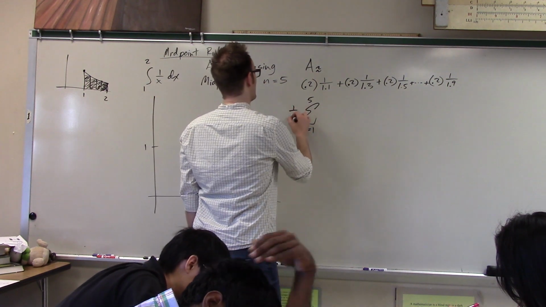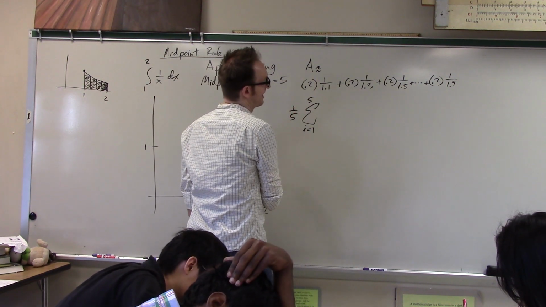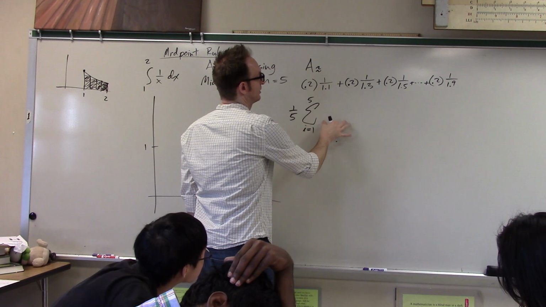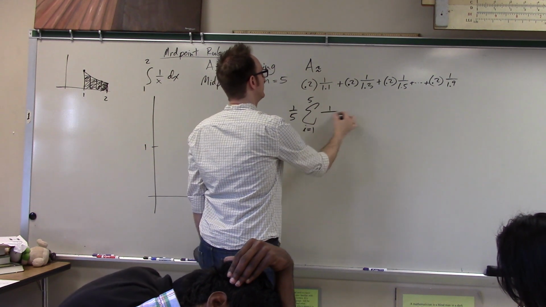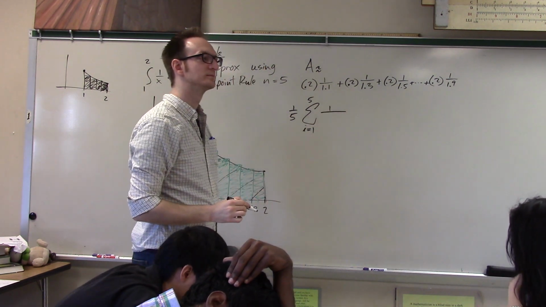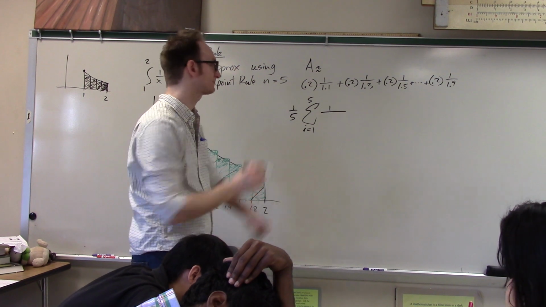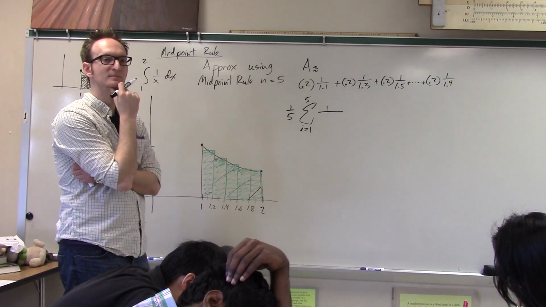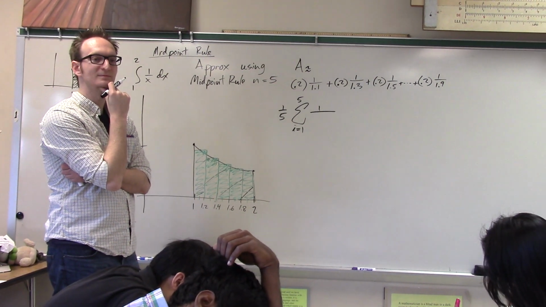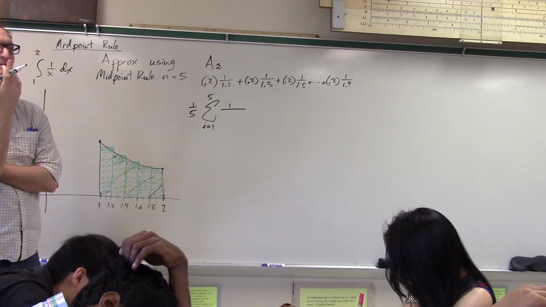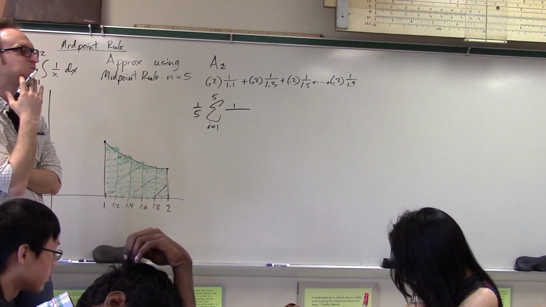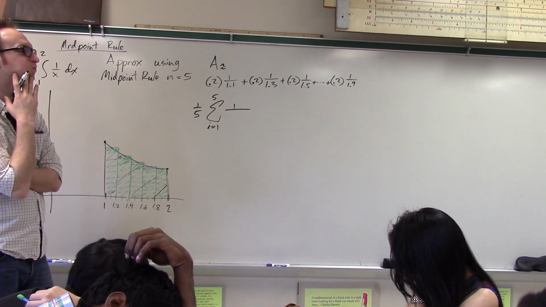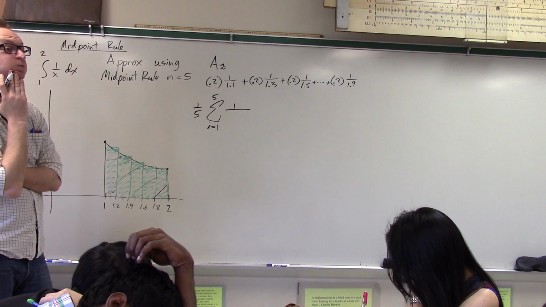So you can factor out a 1/5, and then the height of the ith rectangle will be... 1 goes to 1.1, 2 goes to 1.3. Minus 1 over 10.